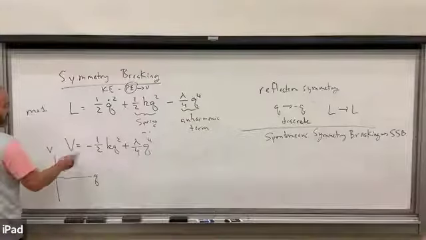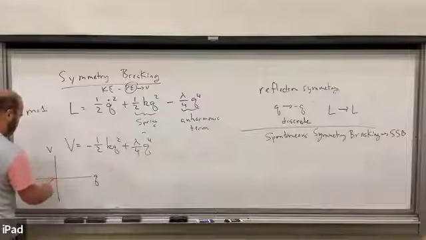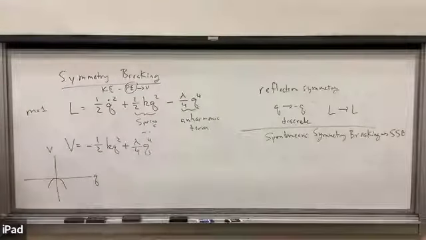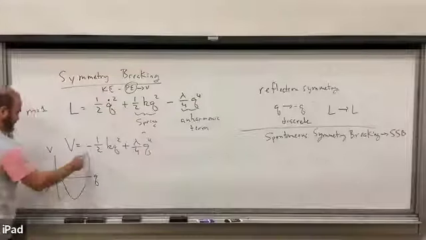And then what happens, you can definitely see at low q, you're going to get an upside down parabola, which is basically the opposite of a spring potential. A spring potential is a parabola like this, but because I've changed the sign, now it goes like this. But as you go to large q, the story reverses, and we have something that looks like this.